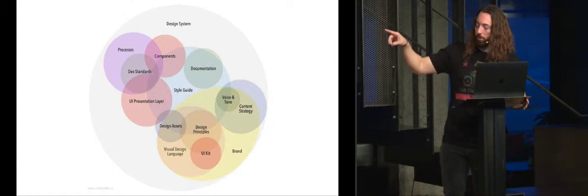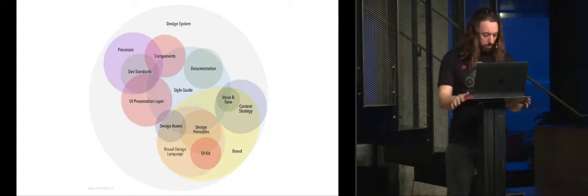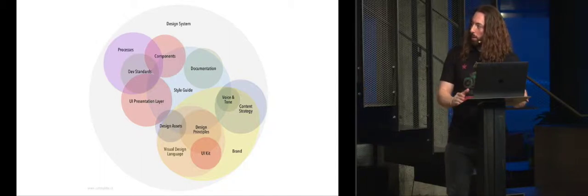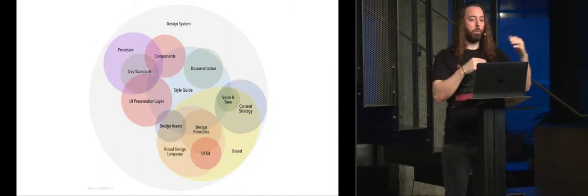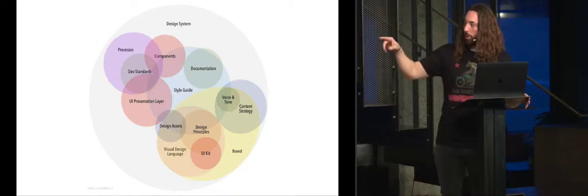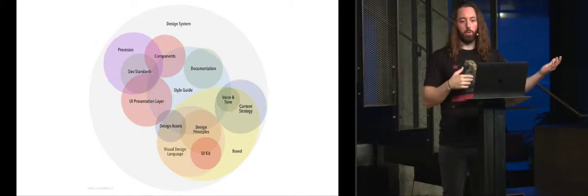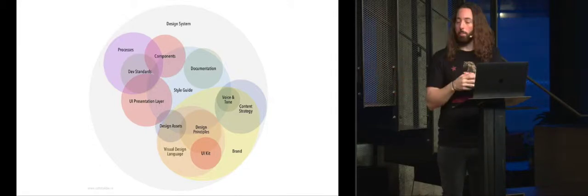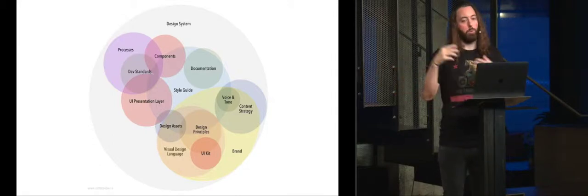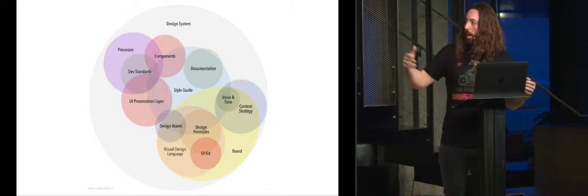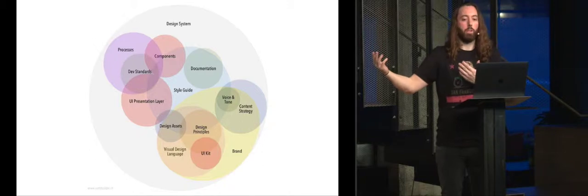But the beauty of this diagram, and the reason I loved it, and shout out to Nate Baldwin on Medium who created this, is that it shows the overlap between some of these components in the design system. What you'll find is once you start doing the brand guide, like let's say you started with the content guide, then you move to the brand guide, you'll see where the overlap is happening, and you'll see that your style guide will help you write the brand guide. And then when you create the brand guide, it's going to help you define how your UI component library is going to look.